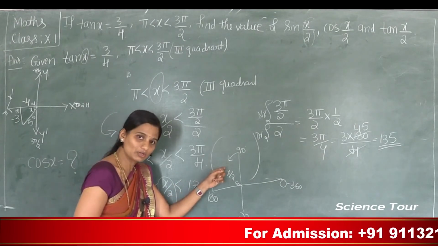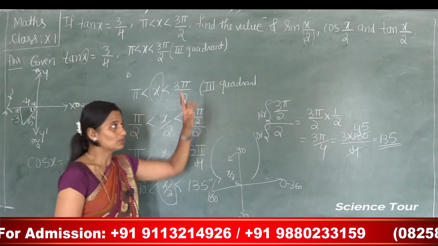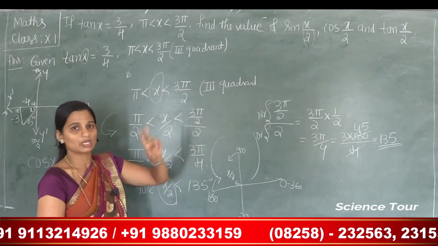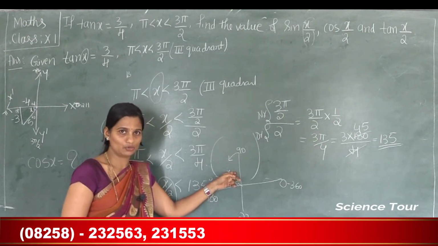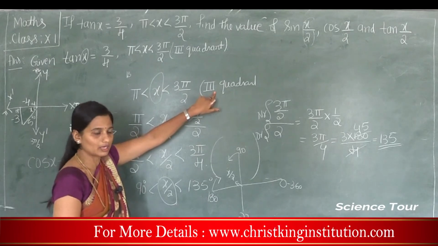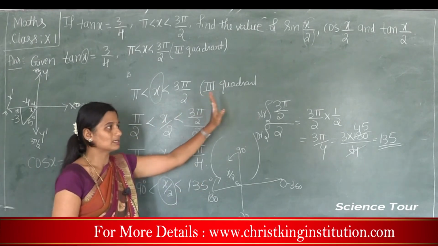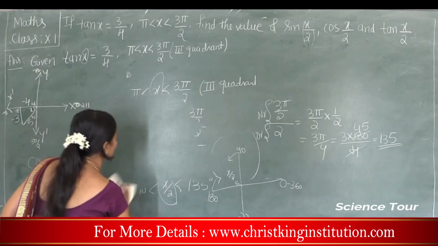Cos in second quadrant, is it positive or negative? It is negative. So out of those two values, positive or negative, you have to consider the minus answer. Clear, no? So now x lies in third quadrant, x by 2 lies in second quadrant. Clear this? Yes, now we will start this answer.